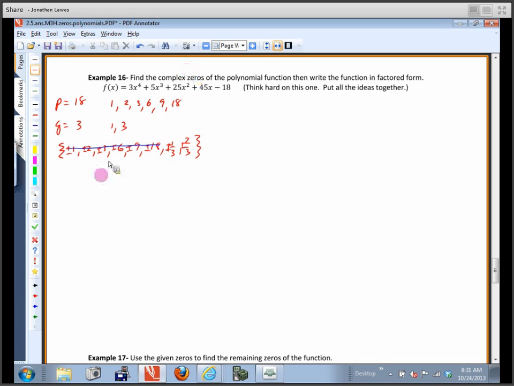Okay. So let's check and see what happens when we plug in a -1. Now, I could plug it in here, and you might want to think about what would happen if I plugged in a -1. It will change all of the odd ones. It will change their signs. You can check and see if that works. But let's go ahead and do this. So this is going to be a 3, a 5, a 25, a 45, and a -18. Bring down.